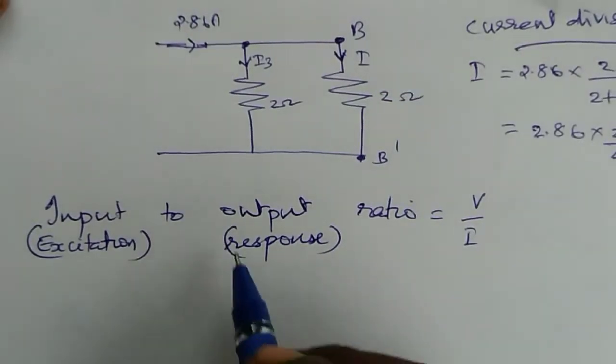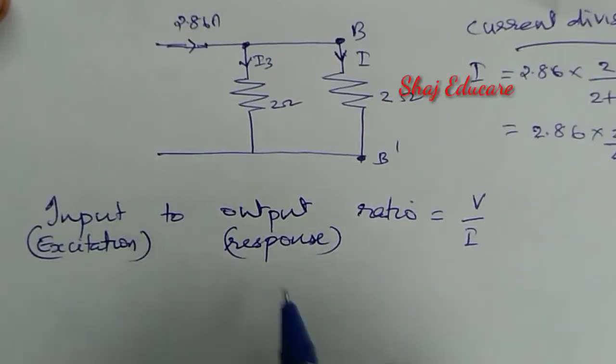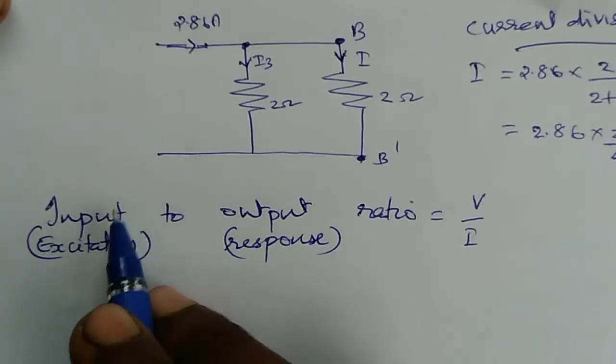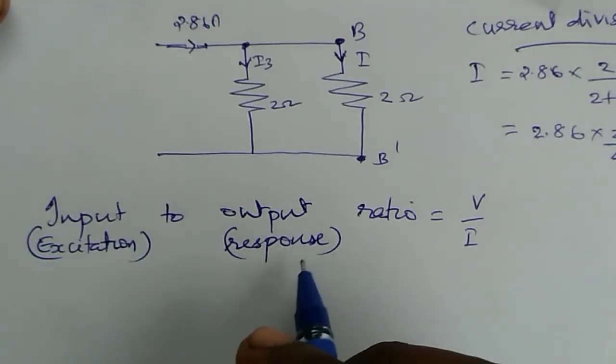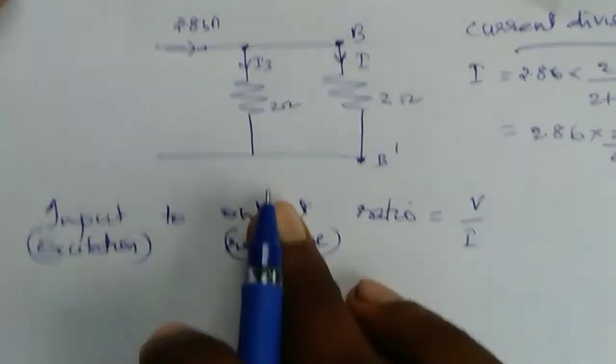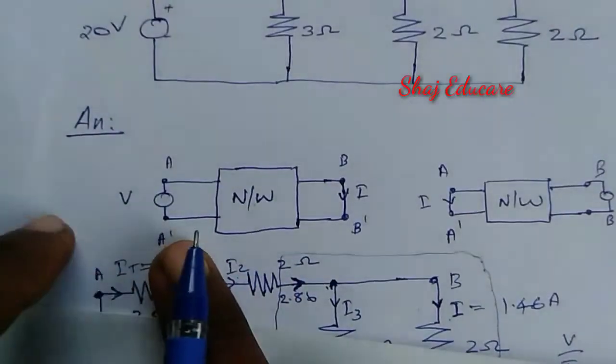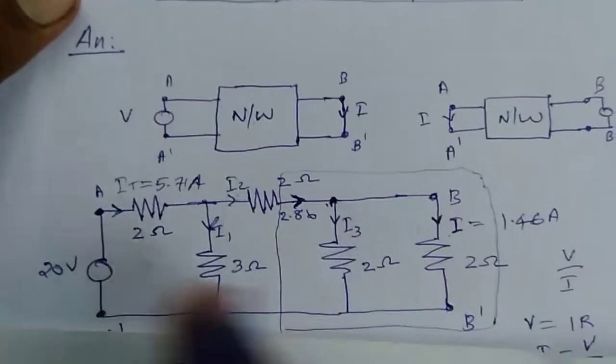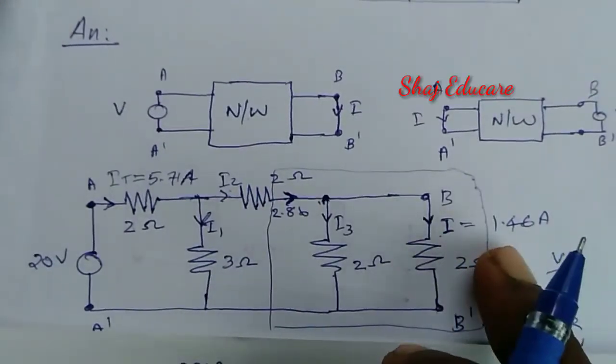Here I'm going to take the ratio between the excitation or input and the output, or the response, input to output ratio. The input here is voltage, that is the 20 volt voltage source, and the output we are obtaining is current.